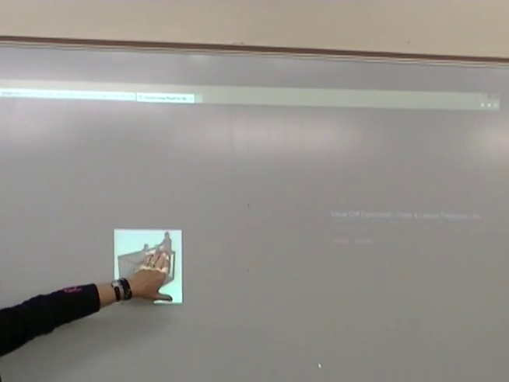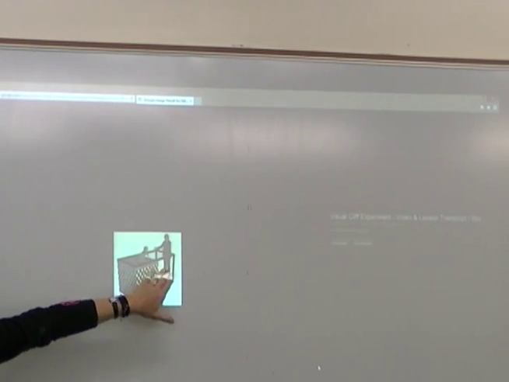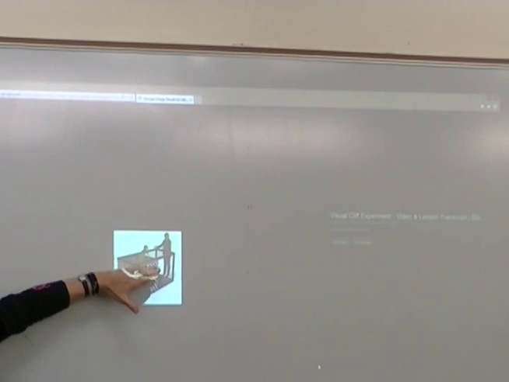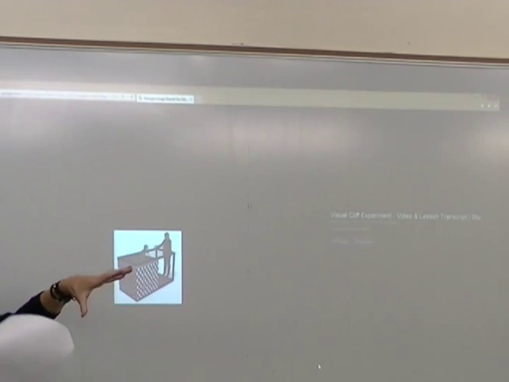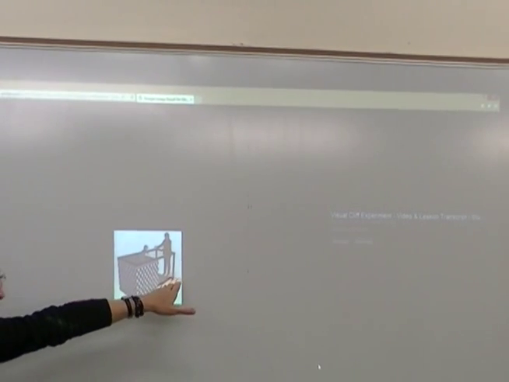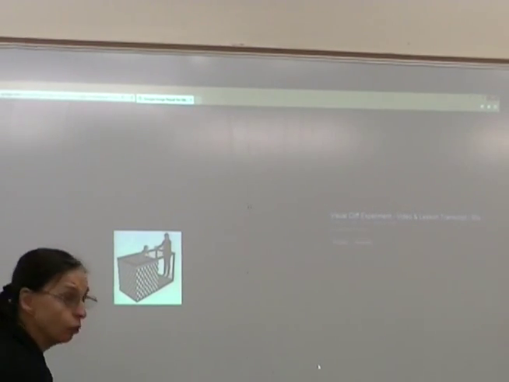So they have a glass table, and under half the table they have this checkerboard box, and on the other half of the table the checkerboard is only on the floor.